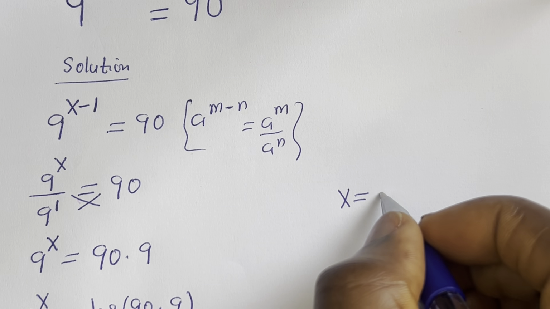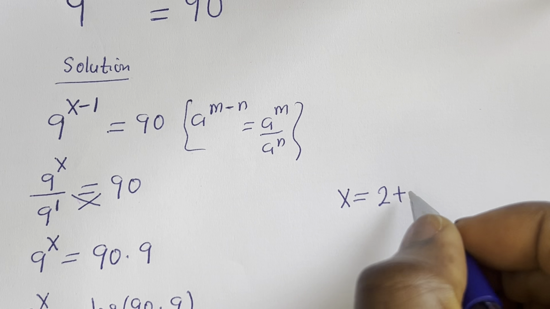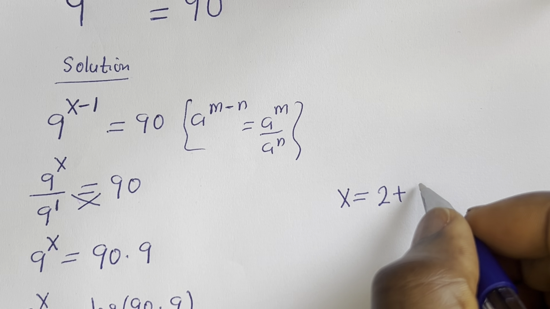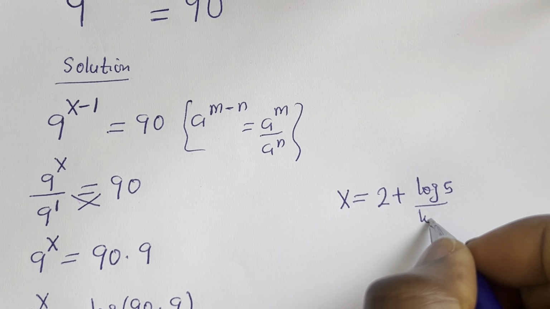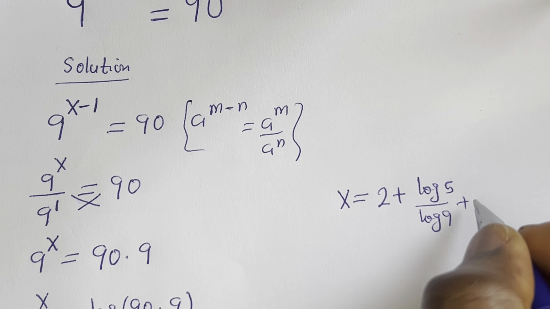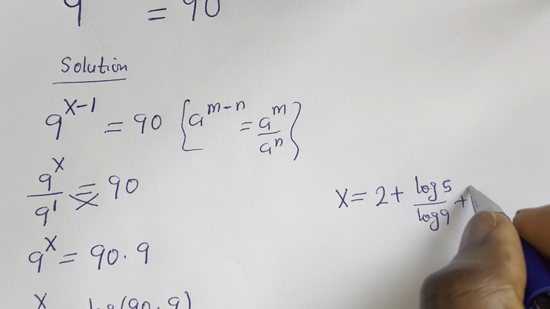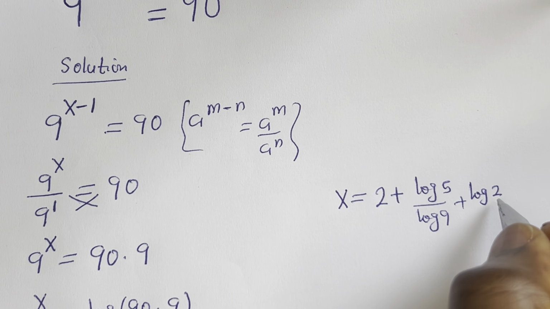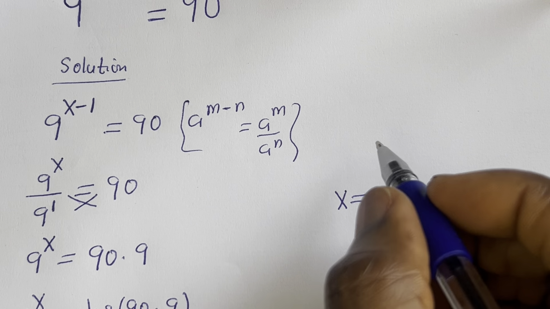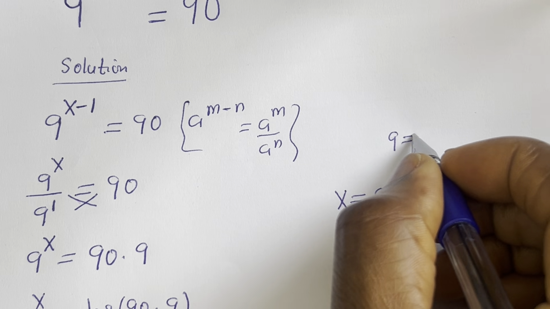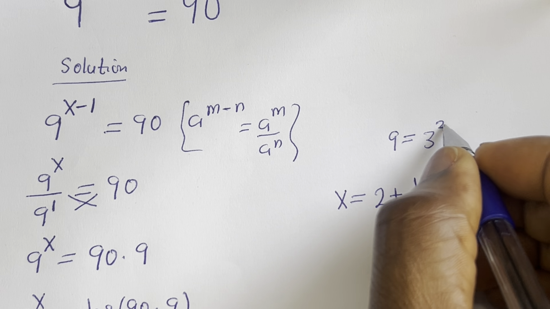x is equal to 2 plus log 5 over log 9 plus log 2 over log 9. Now also take note of this, that 9 is equal to 3 squared.